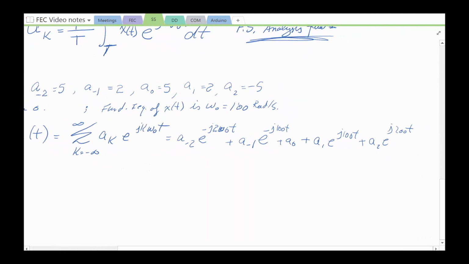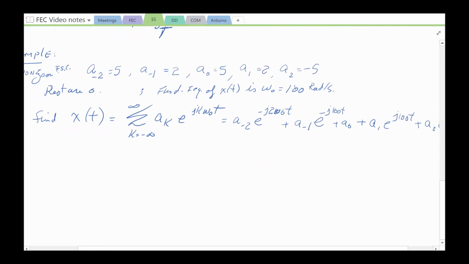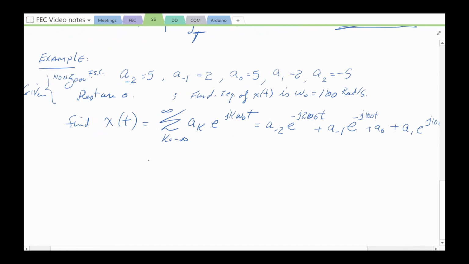Now you can go ahead and plug the values in and rearrange this a little bit. You will see that you've got 5e to the minus j 200t plus 5e to the j 200t, and then I think one of these is a minus. I think this one is a minus.